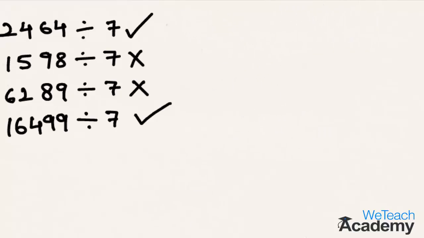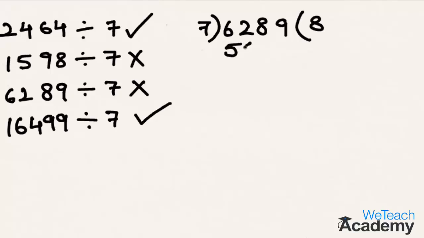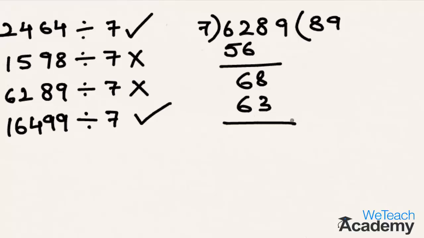Coming to the third number, which is 6289 divided by 7. 7 8 times is 56. We get the difference over here 6, and bringing down the next digit 8, it is 68, and 7 9 times is 63.